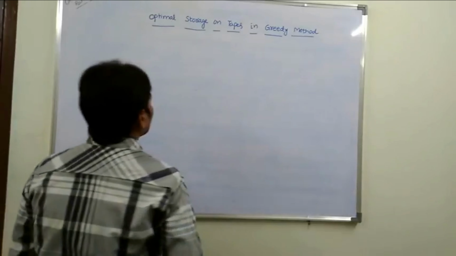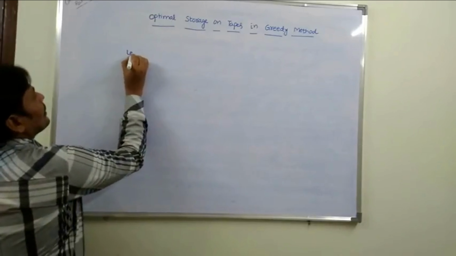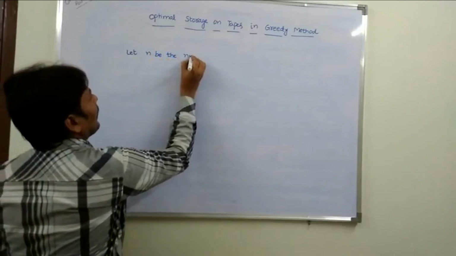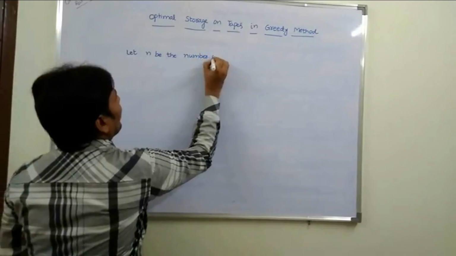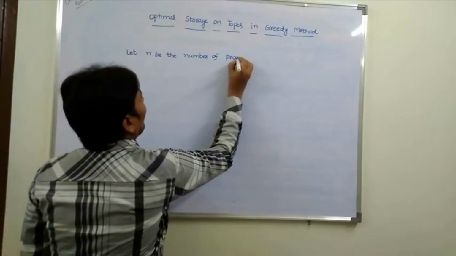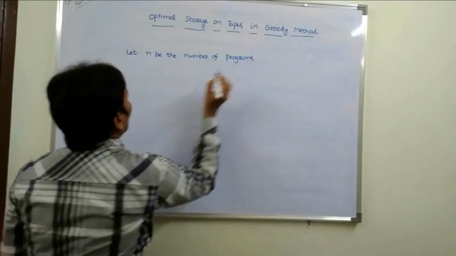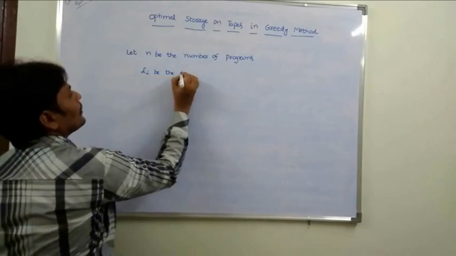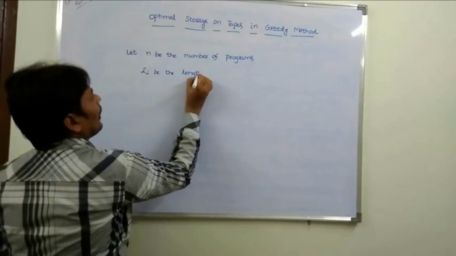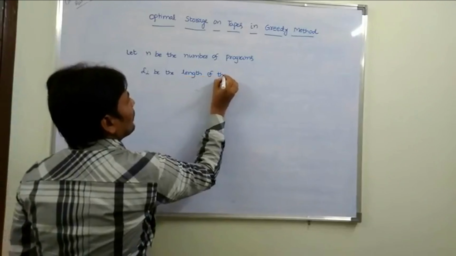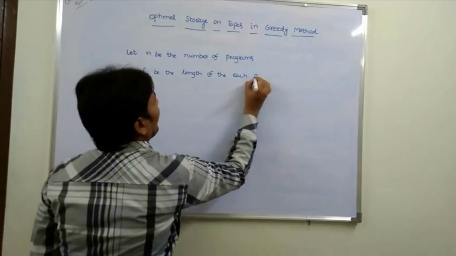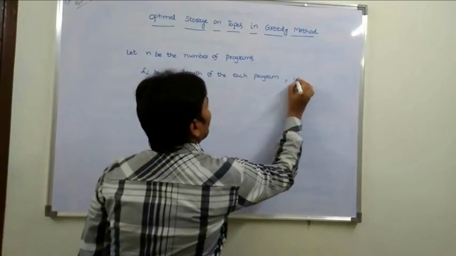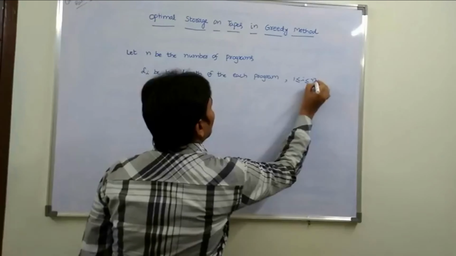Suppose there are n programs, and let Li be the length of each program, where 1 less than or equal to i less than or equal to n.